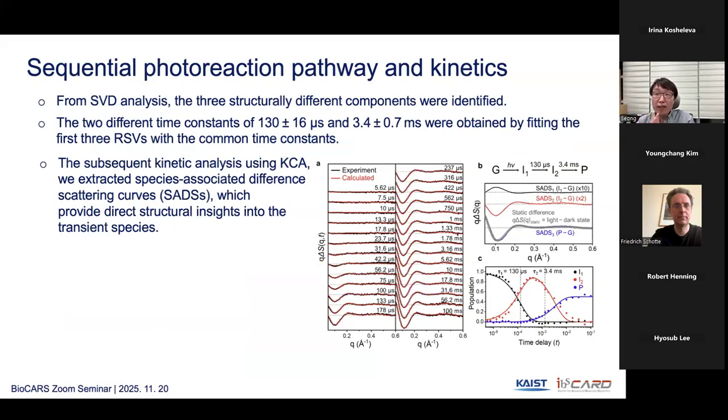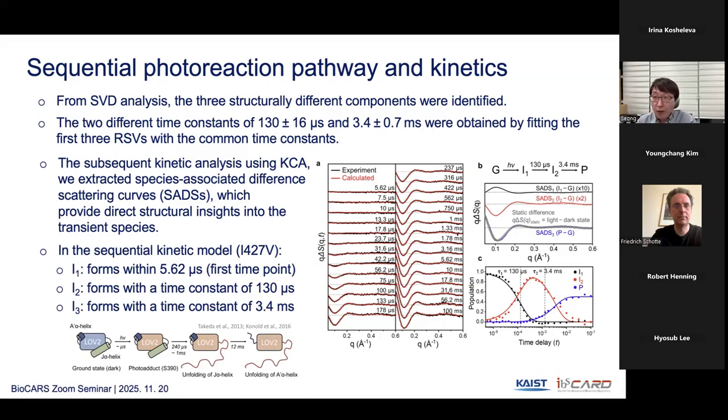Next, we analyzed the data to reveal the LOV2 reaction pathway. Using SVD analysis, we identified three structurally distinct components, and subsequently, we applied kinetic analysis to extract the species-associated difference scattering curves, shortly SADS, and these curves provide direct structural insight into the transition intermediates.